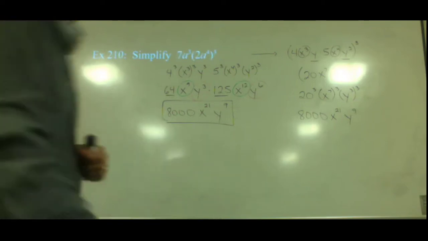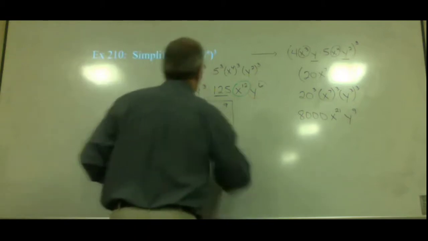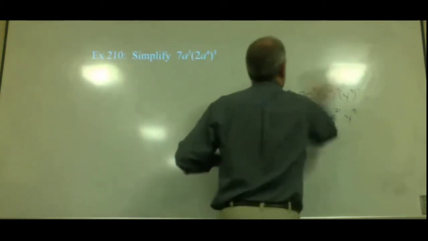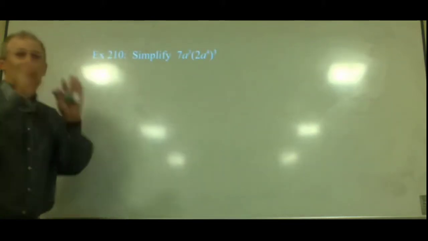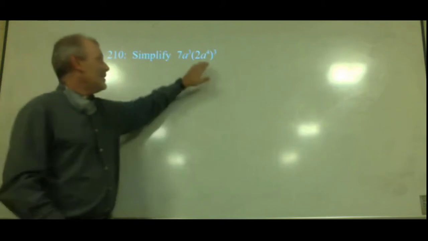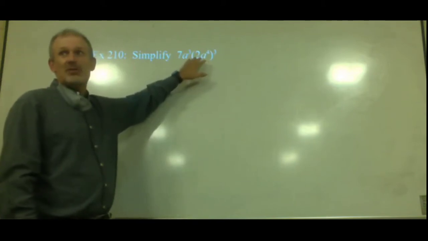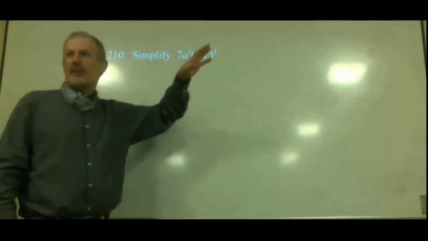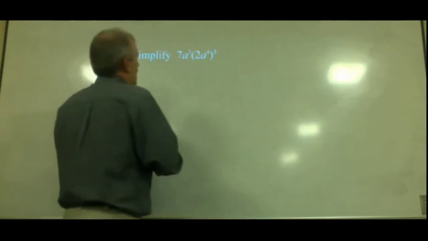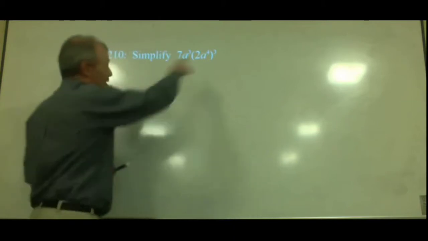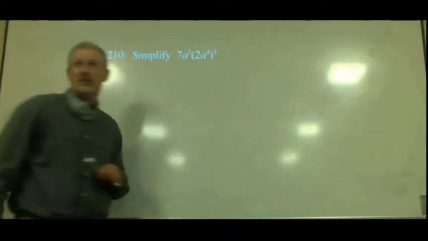All right. Let's try this one. So looking at this, now, since we just did this, is there anything we can do inside the parentheses here? No. So this time, we don't even have to worry about that, right? Now, the next question is, what does this 3 apply to?